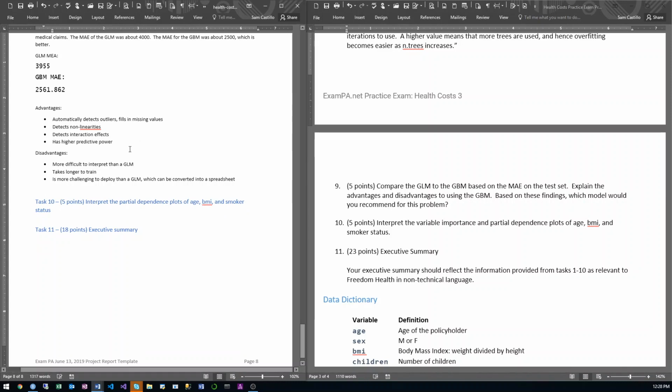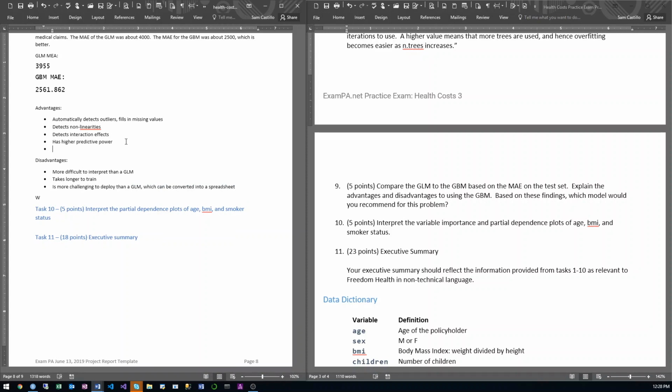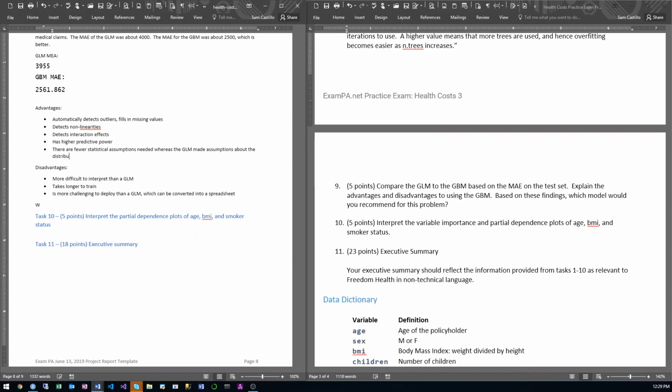And I'll say one of the main advantages to the GBM in this case is that there are fewer statistical assumptions needed, whereas the GLM made assumptions about the distribution family and link, which were not met, as we can tell by looking at the residual plots.